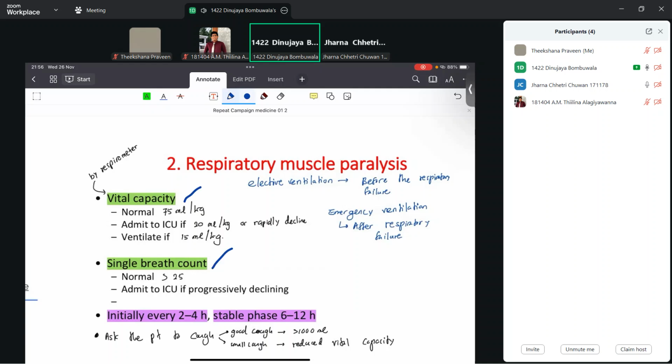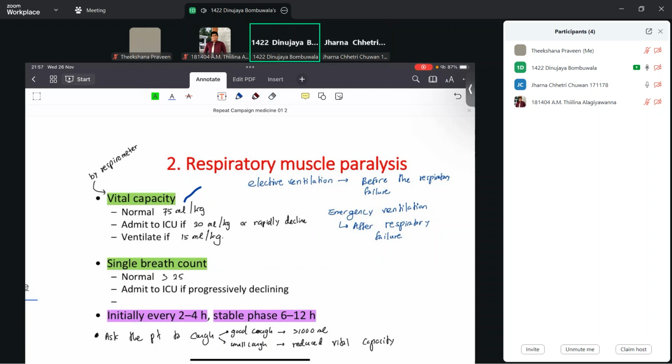So in the long case, if you were given a patient with any type of paralysis, you must do this one. I got that case in the ward, and I had only about 10 minutes during the ward rounds to take the history and present it. I could not do this. How do we do this?